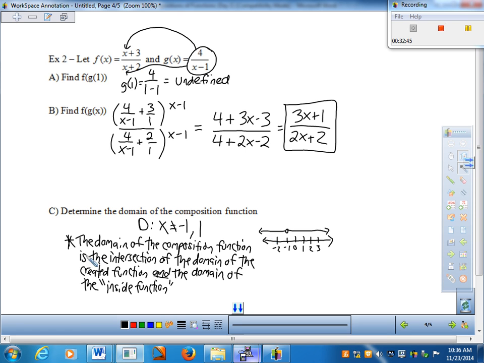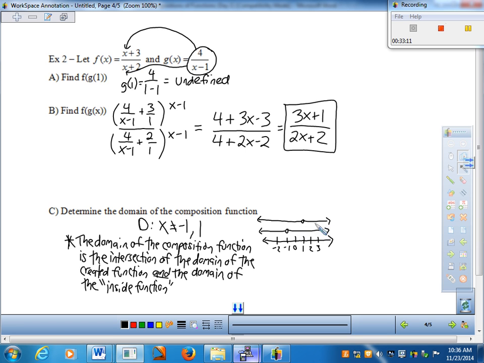It can be any number but that -1, all right? The way we described it right here is that the domain of the inside function also affects the domain of the combination function. So if you look at this function, g of x, you see right away that x cannot be equal to 1. So that particular function, that would essentially be the domain: everything but 1. Now when I talk about this buzzword right here, the intersection of the two, what I'm saying is it has to work for both of these functions.